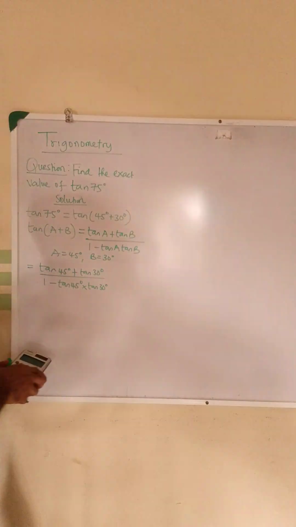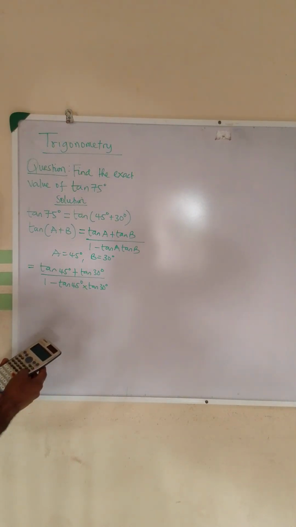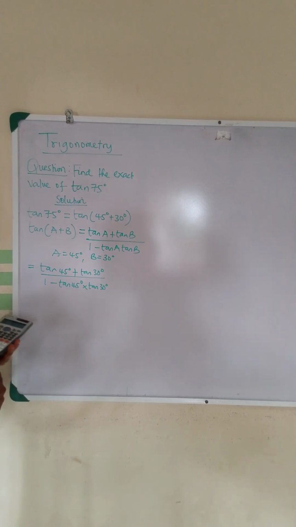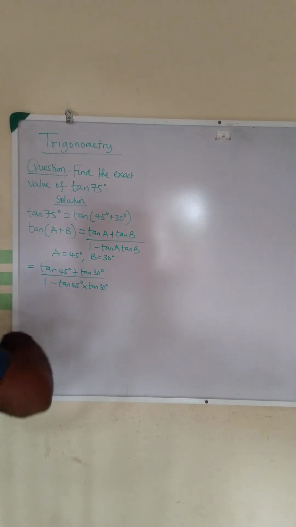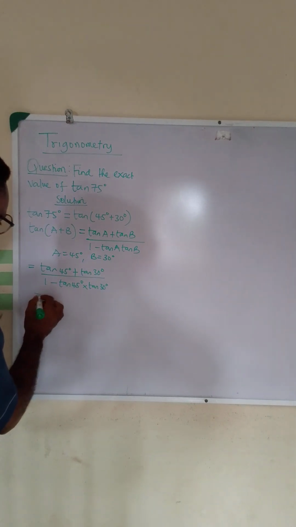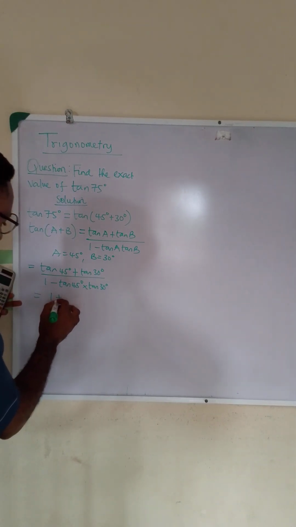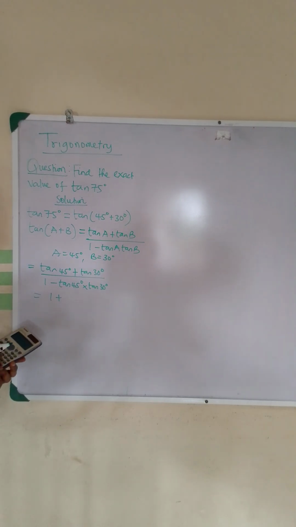Okay, so let's get our calculator and see what happens. So what is our tan 45? Tan 45 is equal to 1. So we have 1 plus tan 30.